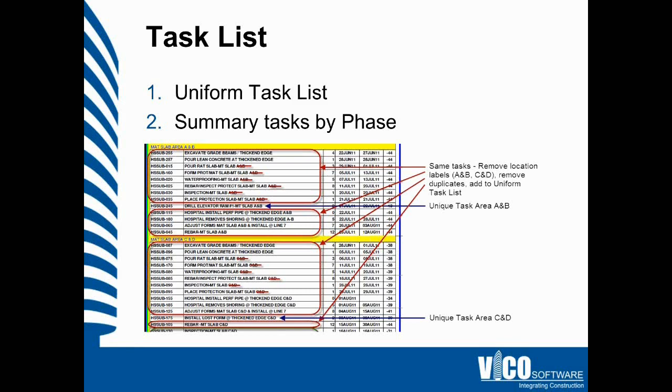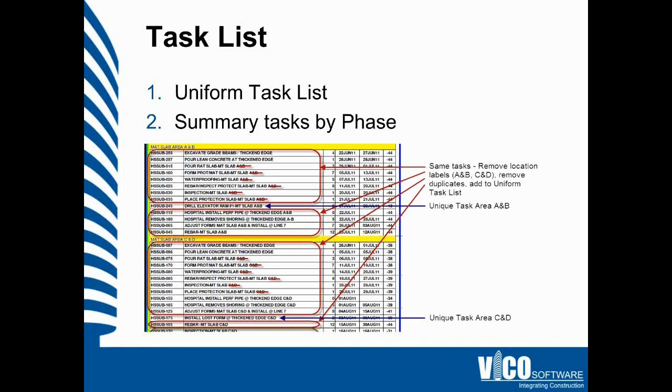Oftentimes when I go through the process of replicating a CPM schedule, I identify 5 to 10 to 20 unique quantity items in the model which are not represented uniquely in the CPM schedule. That's not to say they're not accounted for in the durations of the schedule, but they're not identified uniquely, so it becomes very difficult to track those items if they don't have that level of detail in the CPM schedule.